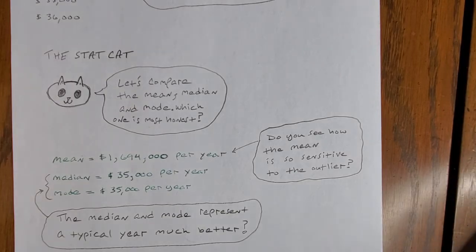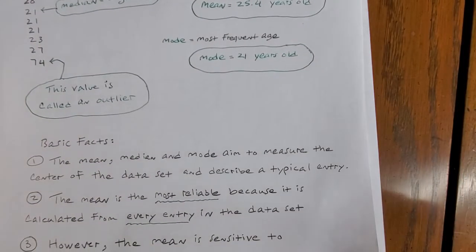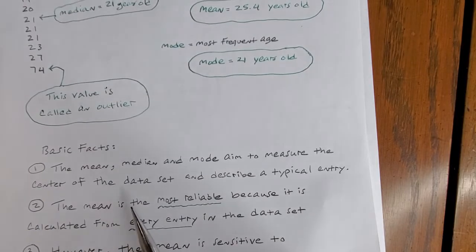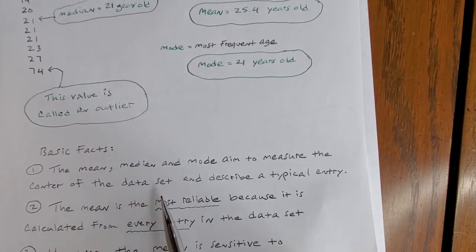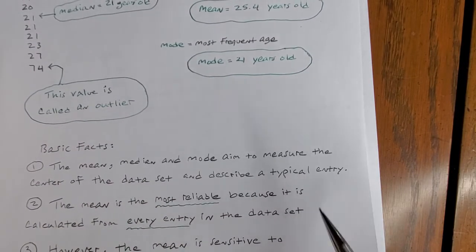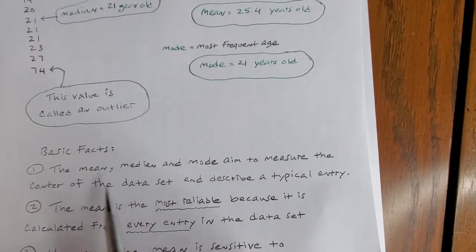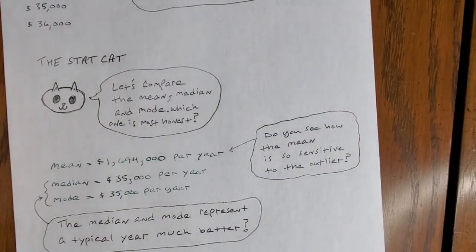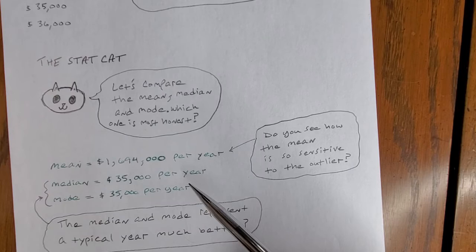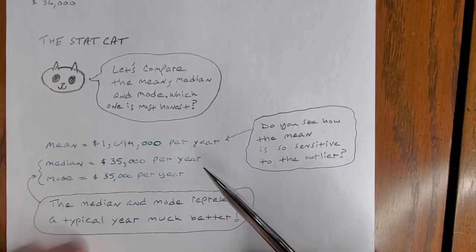The goal with using the mean, median, and mode is to take the data set and give you a number that describes a typical entry. And those are the three ways that we can do it. Well, I think the median or the mode would represent the most typical one.